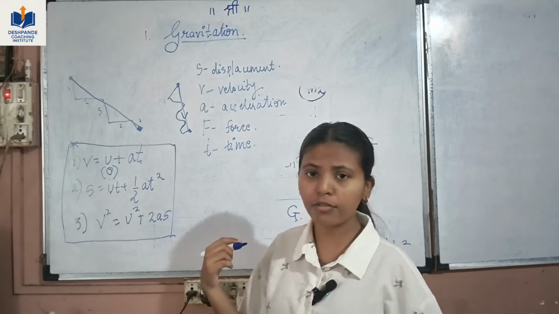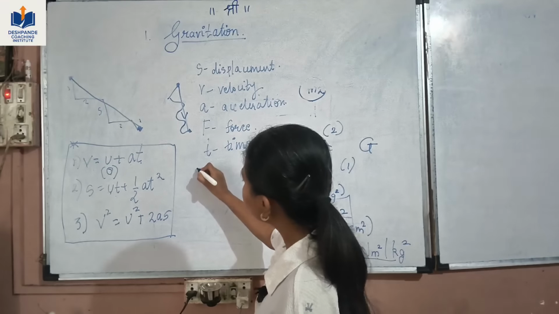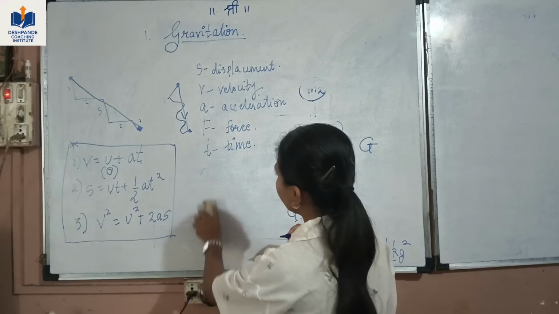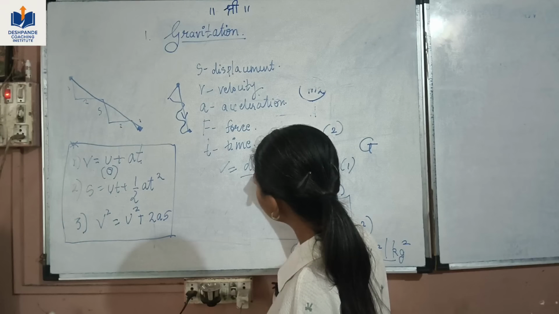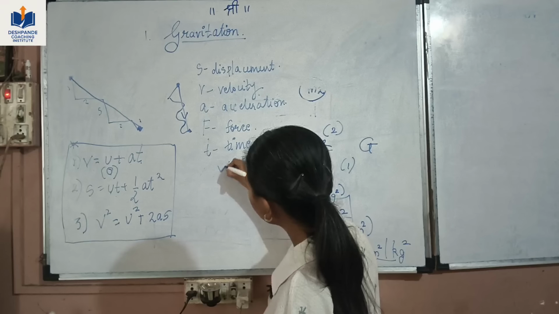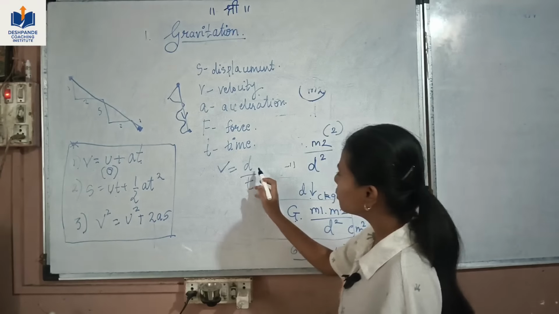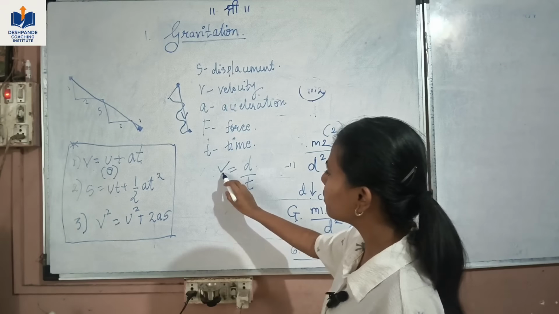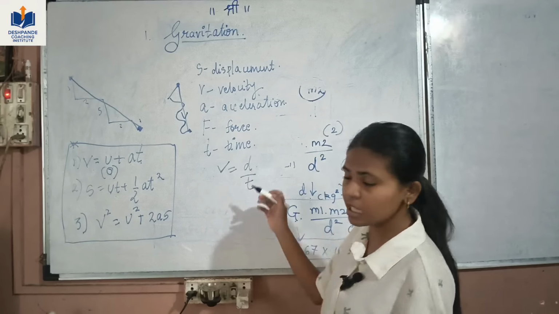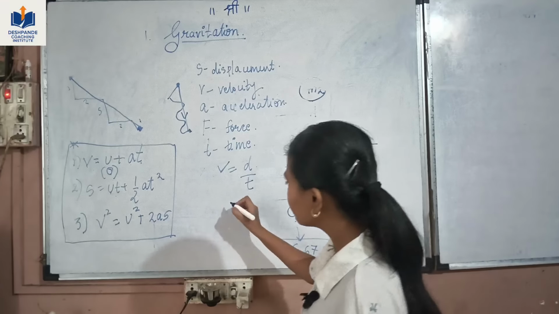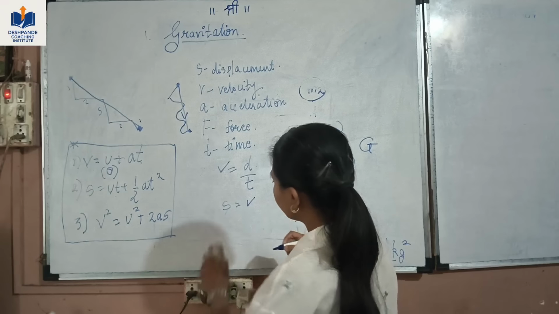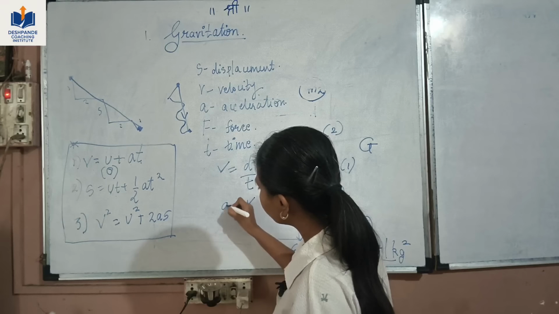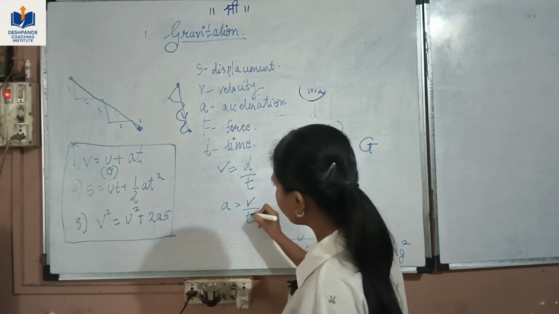And a few more basic formulas are for velocity. The formula for velocity is displacement upon time. So whenever we are given displacement, we can find velocity by this. So velocity is displacement divided by time, and acceleration is equal to velocity upon time.